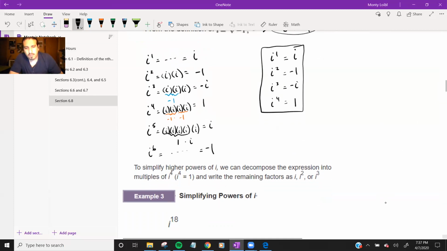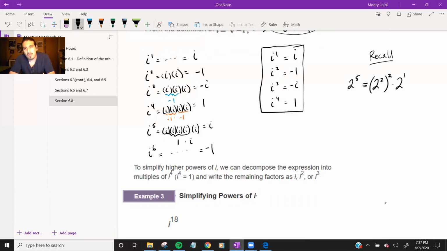So to decompose this, recall what we would do with something like 2 to the fifth, right? That means 2 times 2 times 2 times 2 times 2. Well, we can also rewrite this as 2 squared times 2 times 2. Now, it's just a different way you can write it.